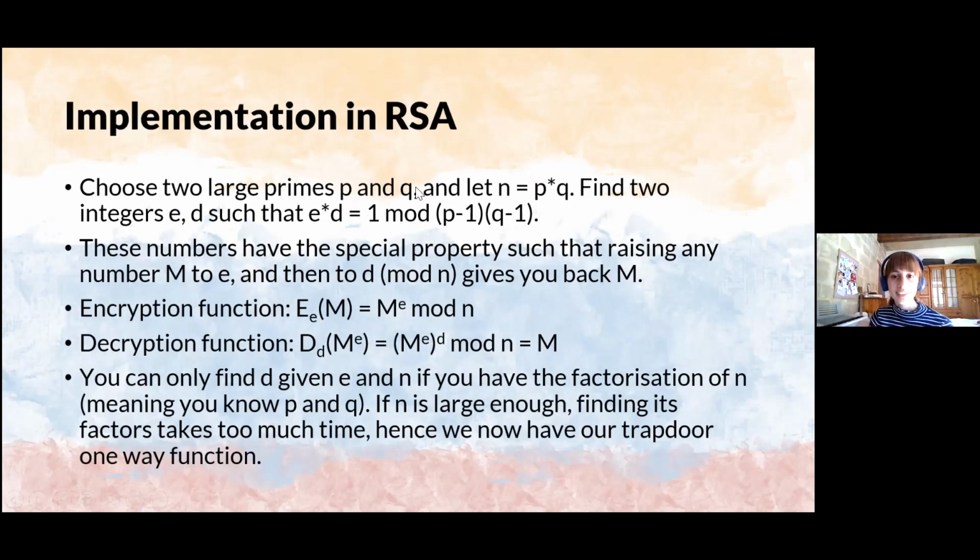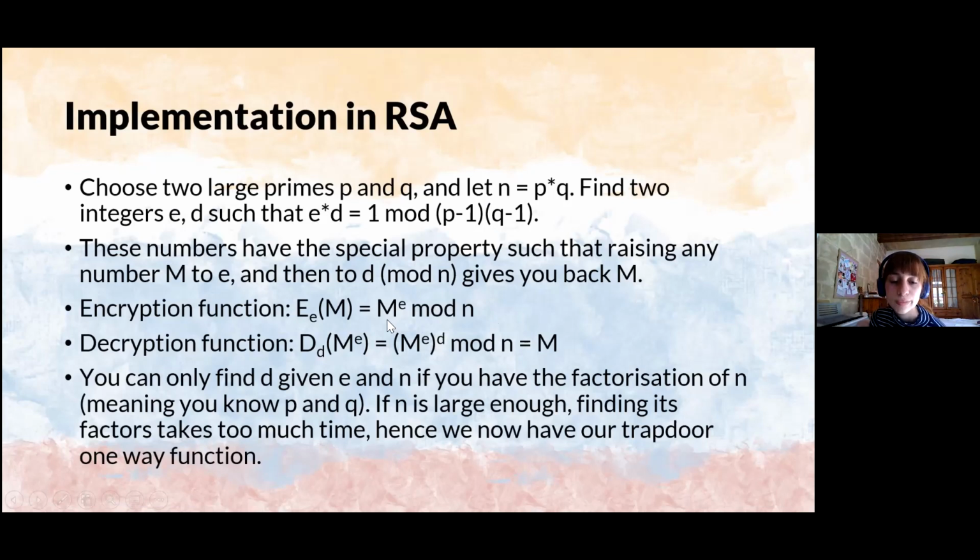Basically, if you choose n to be a product of two large primes, and you choose two integers e and d such that e times d is 1 mod (p minus 1)(q minus 1), where p and q are the two primes, then raising anything to the e and then to the d will give you back m mod n.